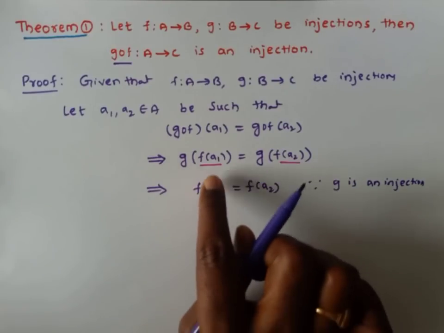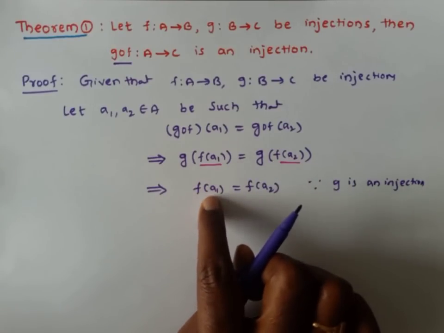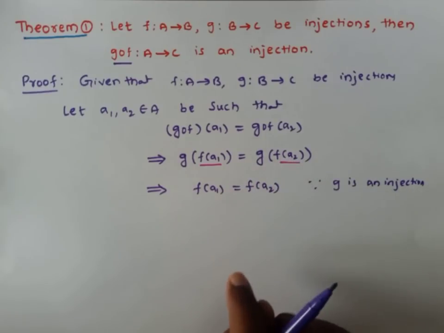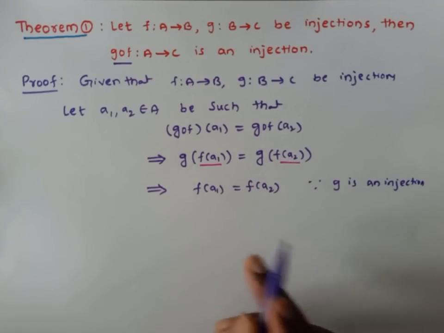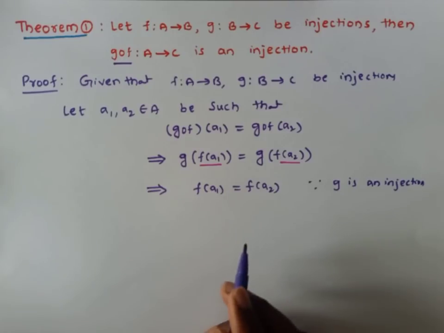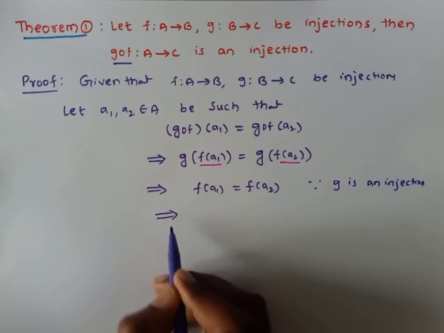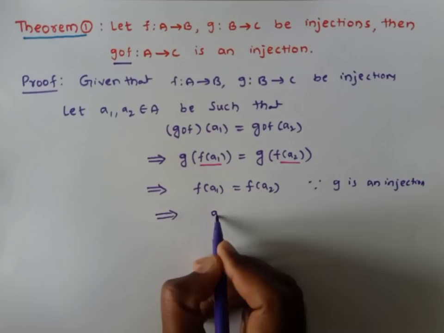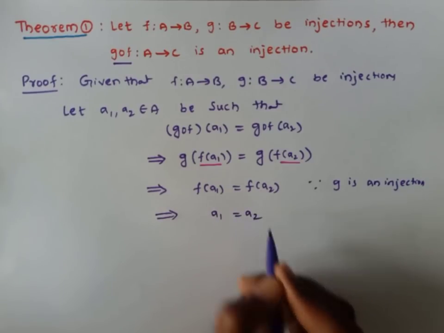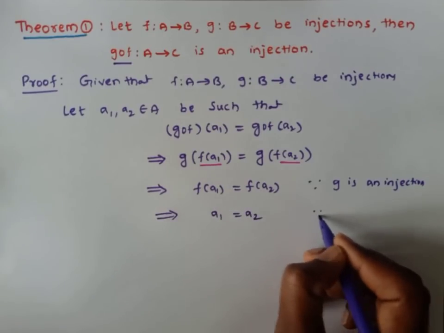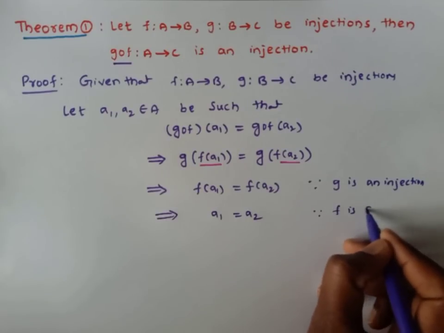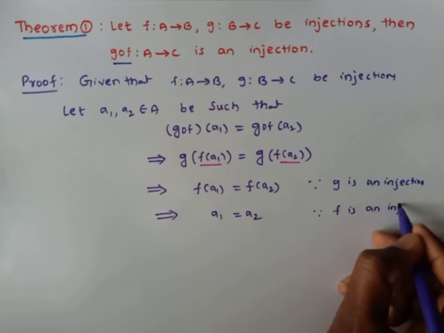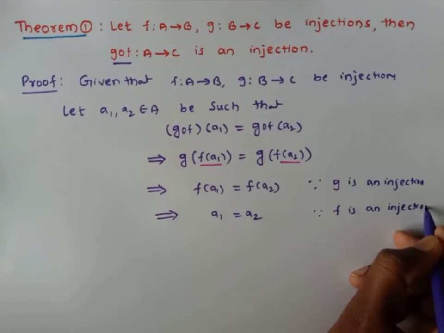Here instead of x, f of a1 is there, so I am writing f of a1, and y is f of a2. Now f of a1 equals f of a2. Already we know f is an injection, so simply we can write a1 equals a2, since f is an injection. Right?